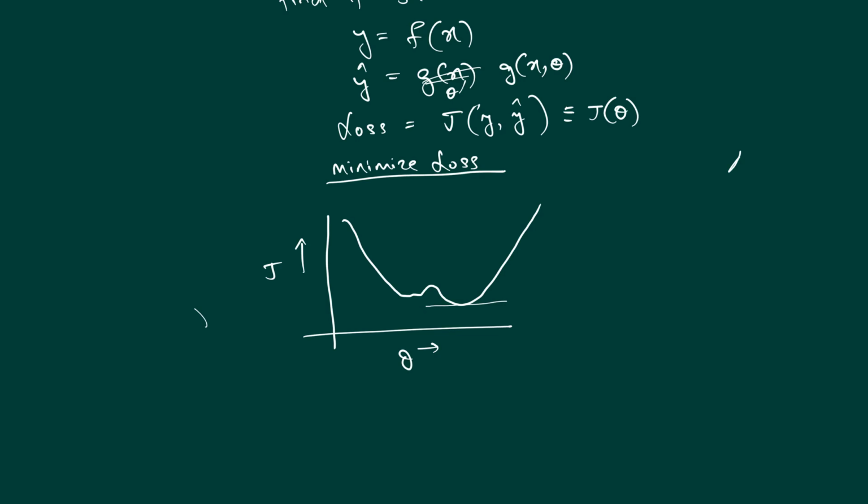Depending on wherever our theta is, let's say we are somewhere here, we are going to find the gradient of J at that point with respect to theta, and then we are going to walk down. So we change theta so that J goes in the direction that we want, and hopefully we are going to go to a minimum out here.